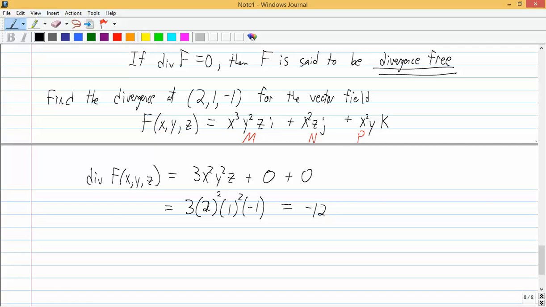In the study of electricity and magnetism, a vector field that is divergence free is called solenoidal. So this does have applications in the realm of fluid flow and electromagnetic fields. So I'm sure that any of you going into those fields will use this at one time or another.